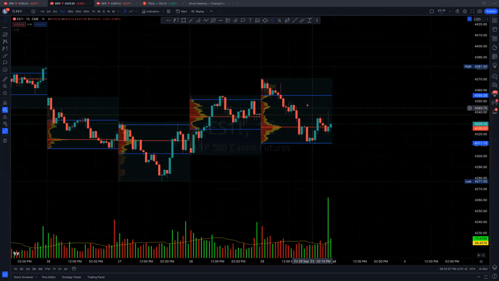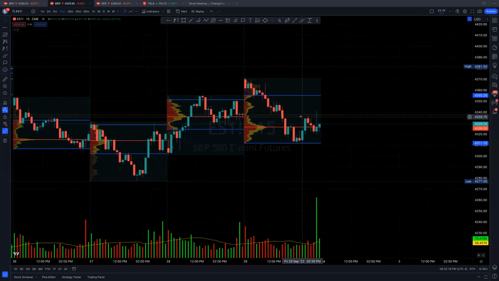I don't pay much attention to where point of control is, as for taking a trade based solely on that. But I do pay attention to where value has been held in comparison to where price is.